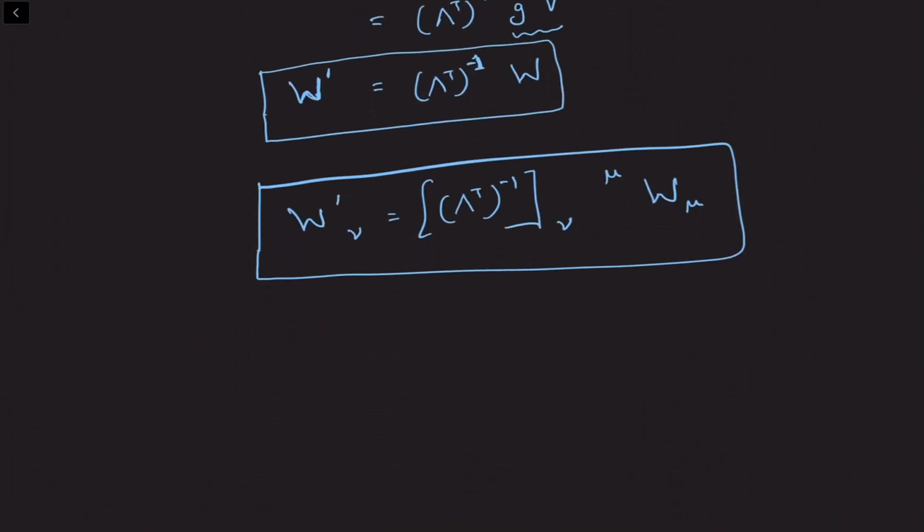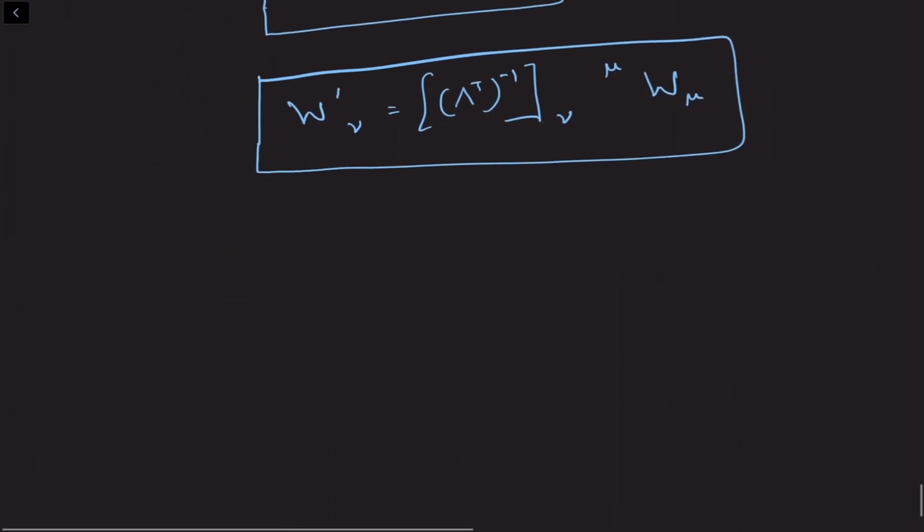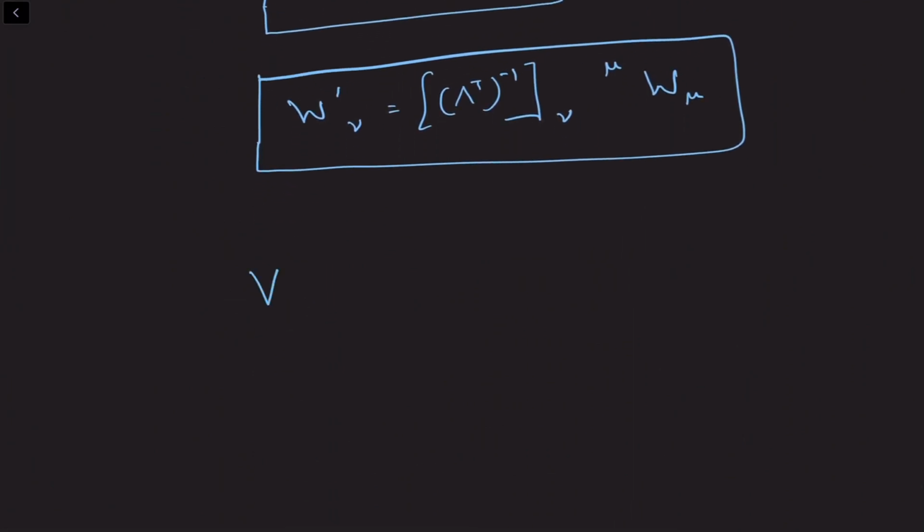So let me show you an example of where this is useful. So consider two contravariant 4 vectors, let's call them a mu and b mu. And let's consider the dot product of these two 4 vectors. So the dot product is a Lorentz invariant quantity. So let's write down this dot product.